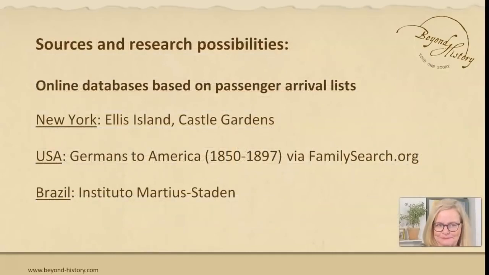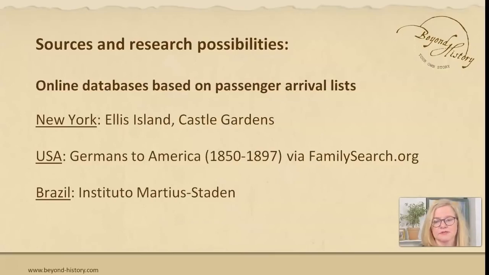And the person who told me about this was actually part of, I think it was in the 1980s and 90s, this project in Philadelphia, From Germans to America, where they collected information based on the arrival records from 1850 through 1897. They made a collection of all the German passengers that arrived in America.